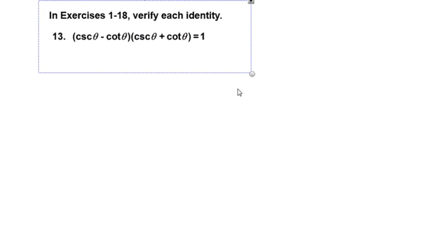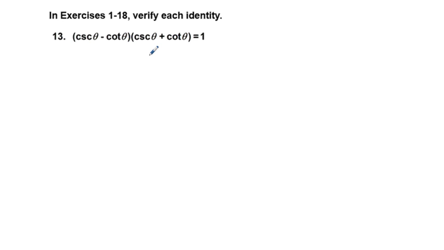Next, problem 13, we have the quantity cosecant theta minus cotangent theta times cosecant theta plus cotangent theta equals cosecant squared theta minus cotangent squared theta equals 1.